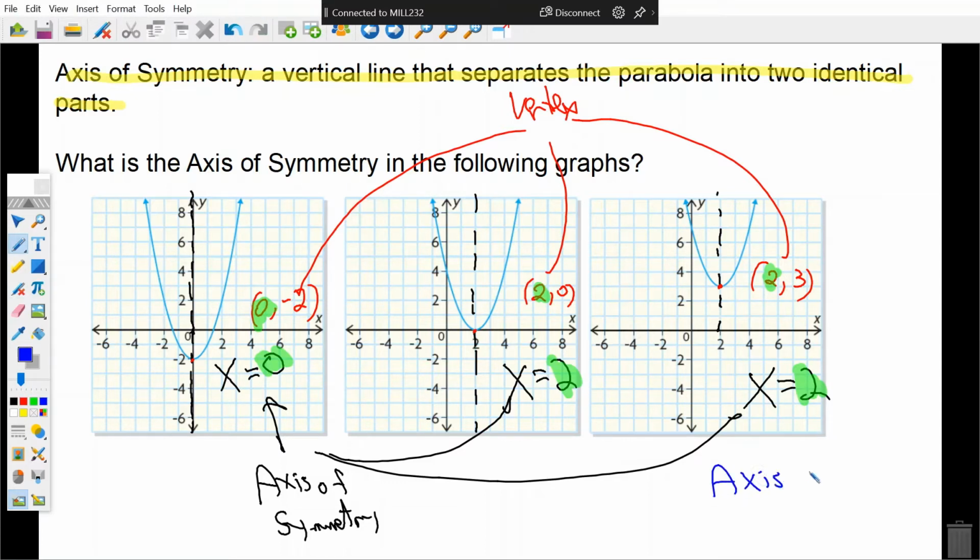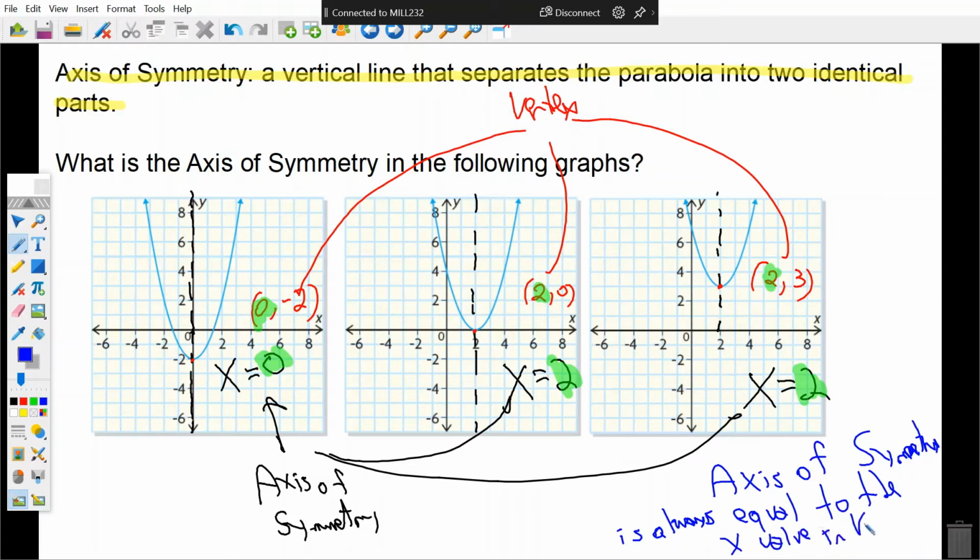The axis of symmetry is always equal to the x value in the vertex. Okay? So that'll come in handy as we go here.